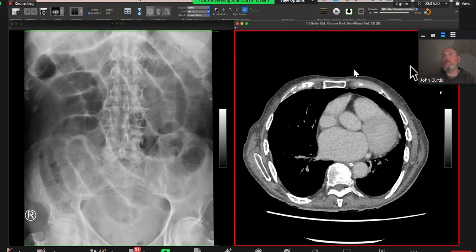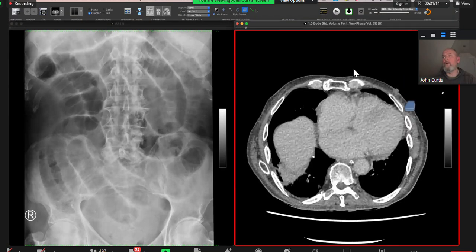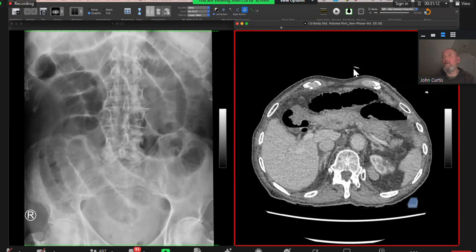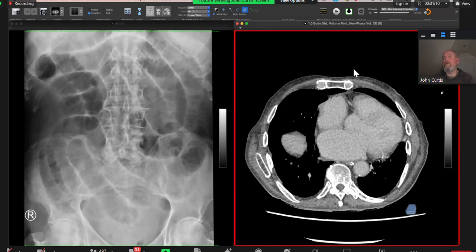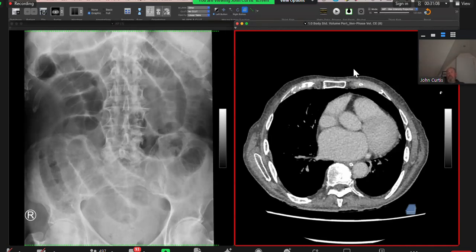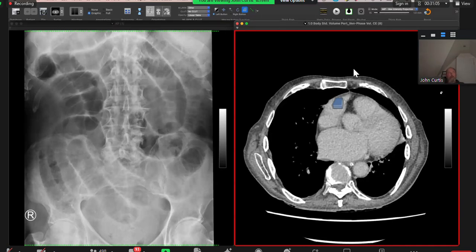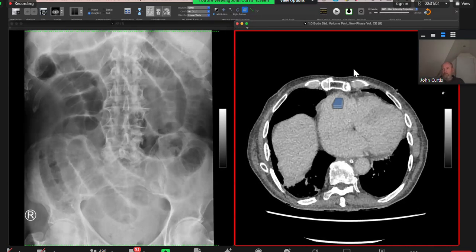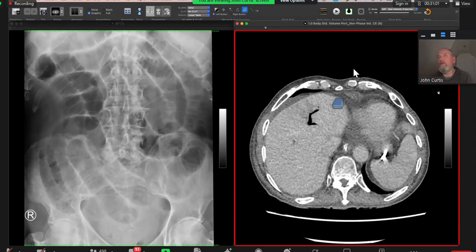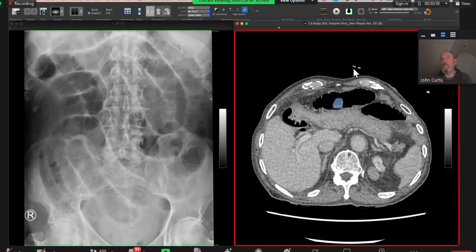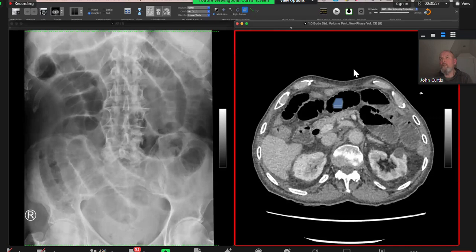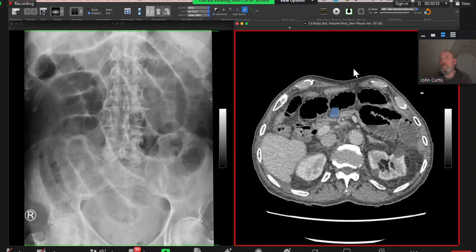Do you want to scroll through that? Yes. So I have been presented with a chest CT scan for the same patient. I can see that there is a nasogastric tube. Okay, let me scroll. Yeah, go on, you scroll. I can see that there is a gas, a tubular gas structure seen within the liver.